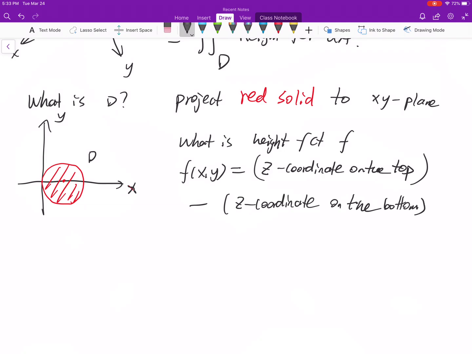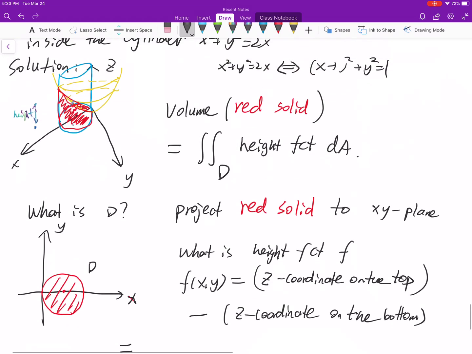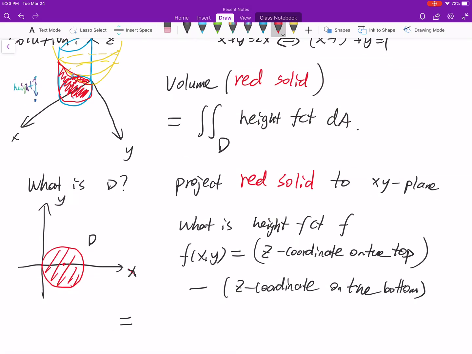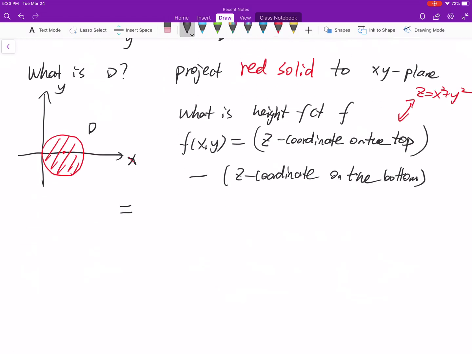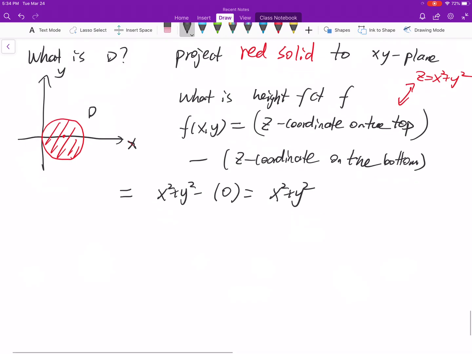Since the bottom is the xy plane, which is 0, we only care about the coordinates on the top. So this is given by x squared plus y squared. Therefore, here you have x squared plus y squared minus 0, which is x squared plus y squared.